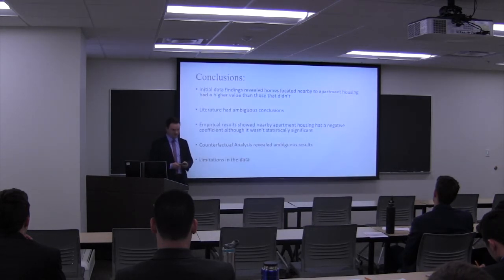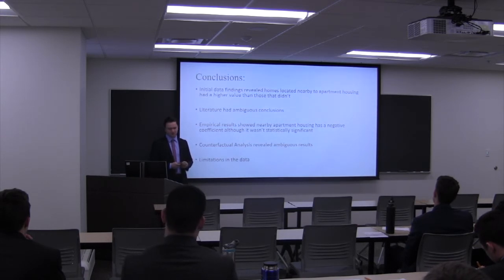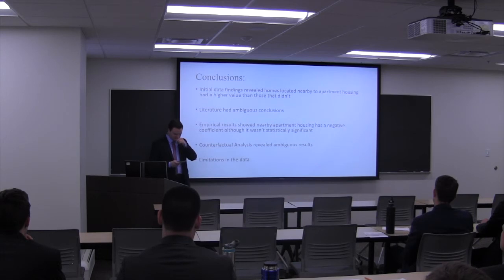And my conclusion: initial data findings revealed that homes located nearby to apartment housing had a higher value than those that didn't. My literature had rather ambiguous results. My empirical results showed nearby apartment housing has a negative coefficient, although it wasn't statistically significant. And my counterfactual analysis revealed ambiguous results as well.